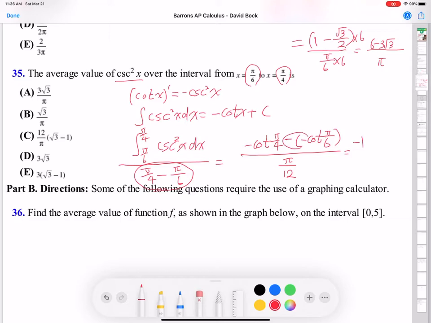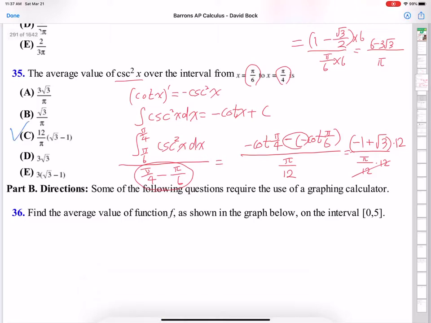And then negative going to be positive. Tangent pi over 6 is 1 over root 3, or root 3 over 3, so cotangent is the reciprocal of that, so root 3, over pi over 12. So times 12 top and bottom. So what is the final answer? 12 over pi times negative 1 plus root 3. Yes, C is the answer.